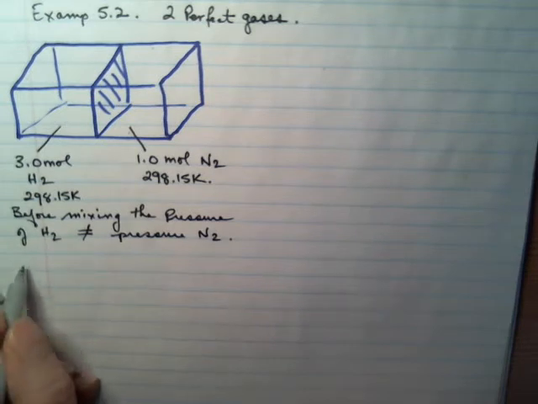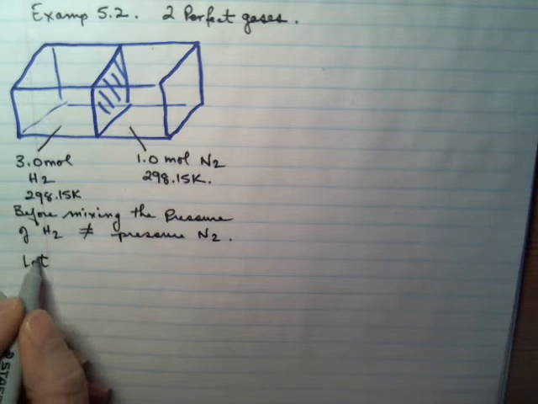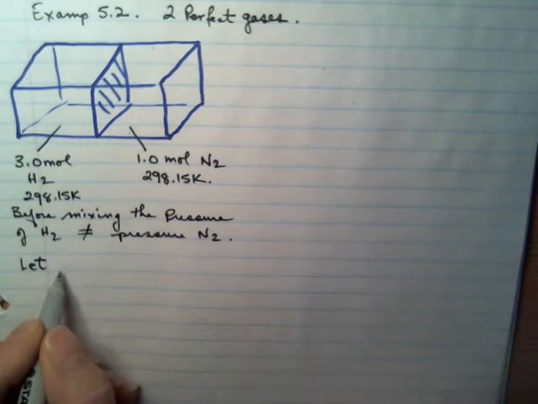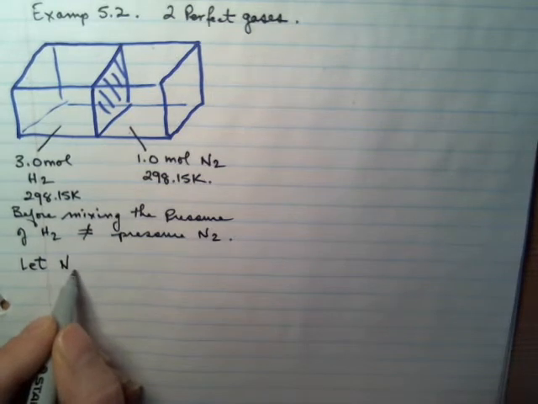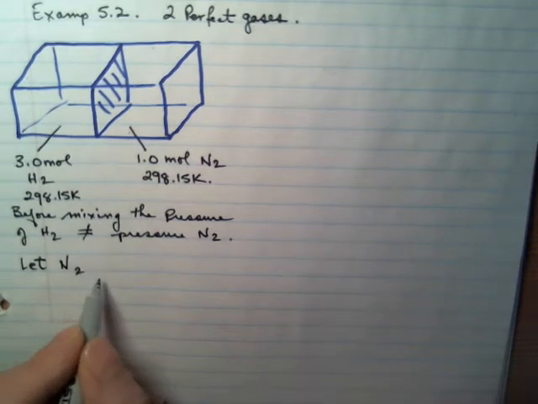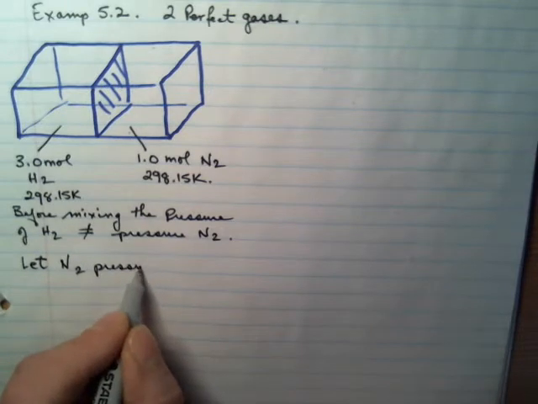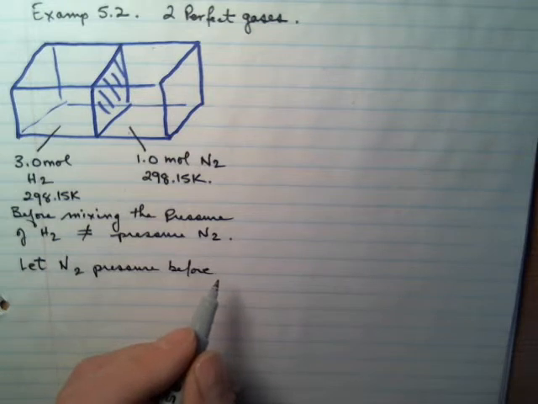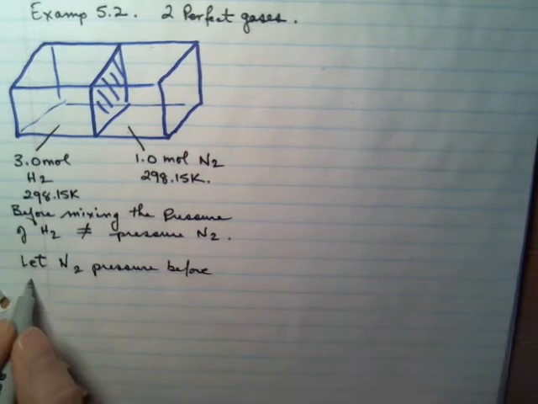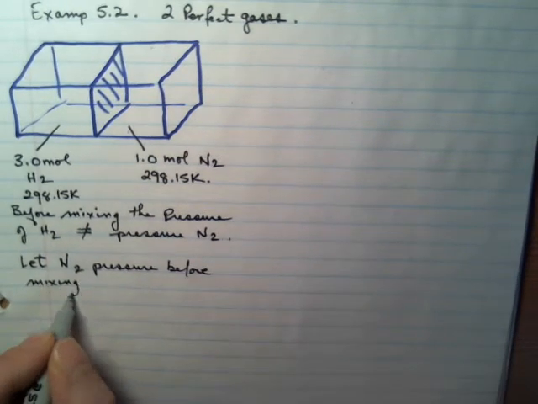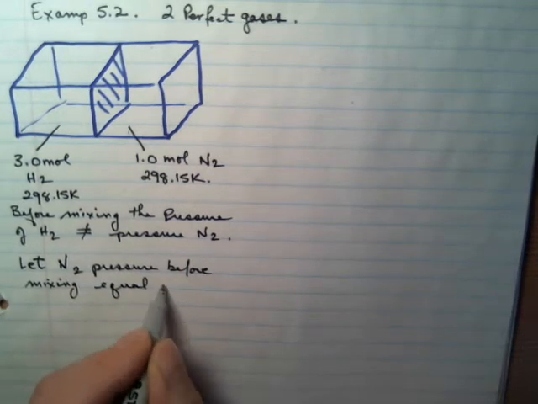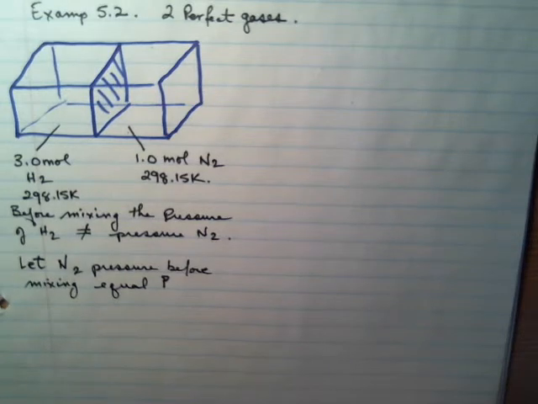And what I'm going to do is say, let the N2 pressure before mixing, because I don't know what these numbers are, computer's going to sleep on me, let N2 pressure before mixing equal P. There's my variable, P.